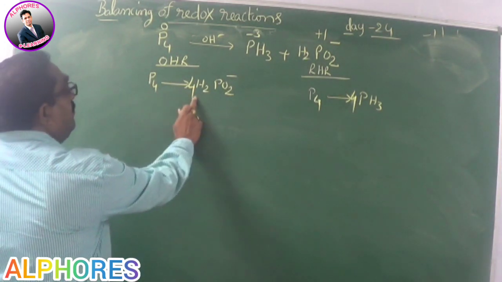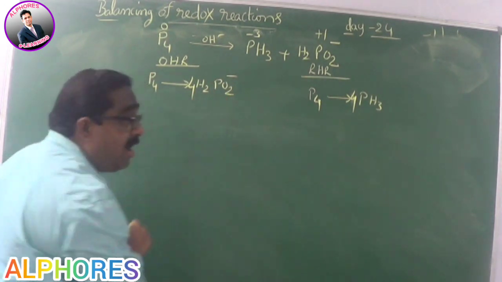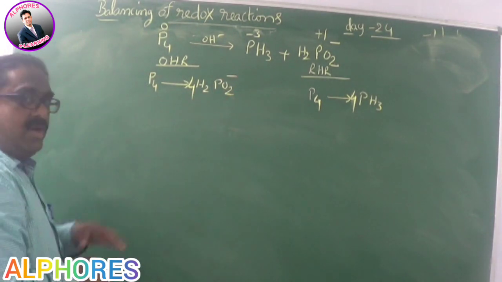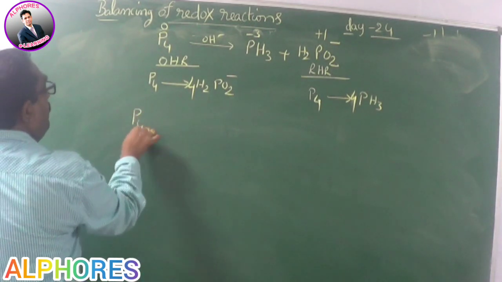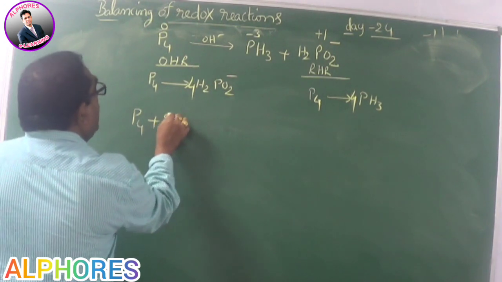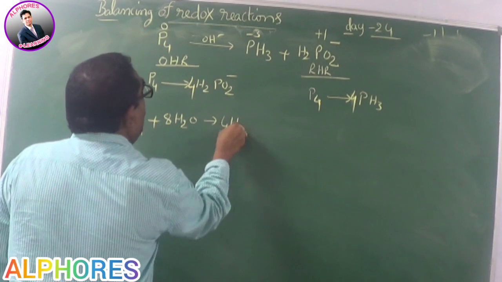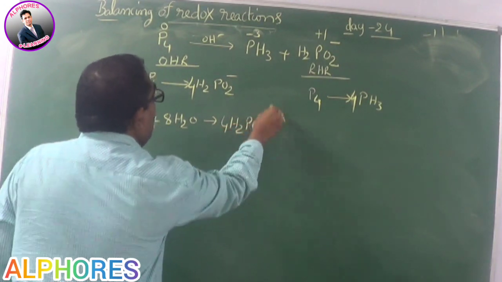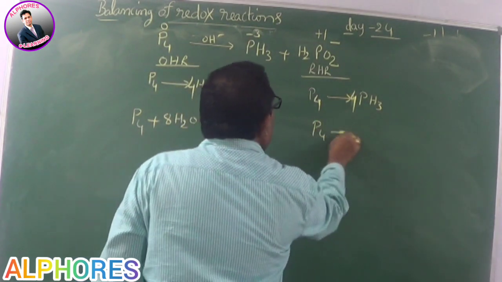Here no oxygen, here 4 into 2, 8 oxygens are there, so it should be balanced with 8 water molecules on the left side. So P4 plus 8 H2O gives rise to 4 H2PO2 minus. Here there is no oxygen, so you can write it as it is.